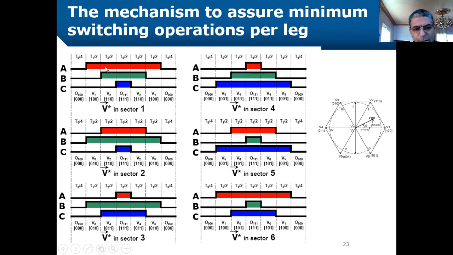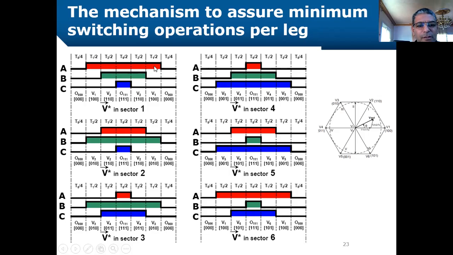So look at this. It means that we need to maintain the switch A on for the whole of this time. Look, if you try to find the total time for which the upper switch for phase A is turned on, it equals T1, because we have 2 portions, T1 by 2, and T2, we have 2 portions, T2 by 2.